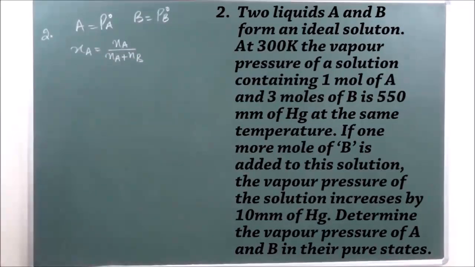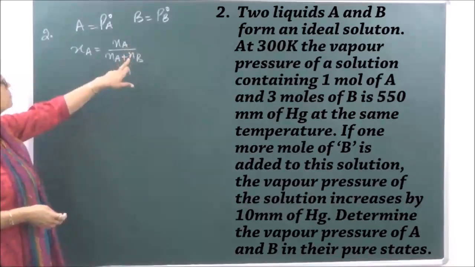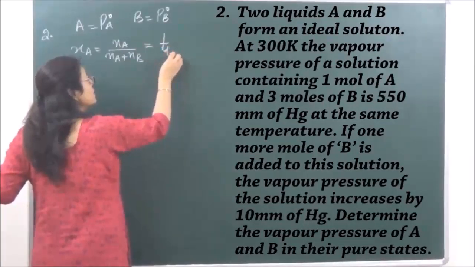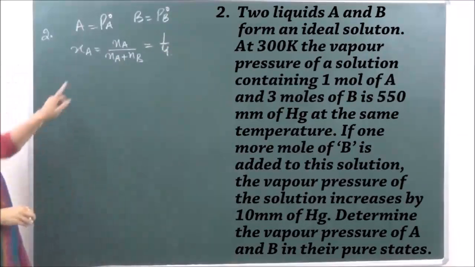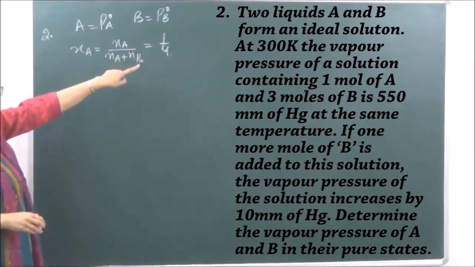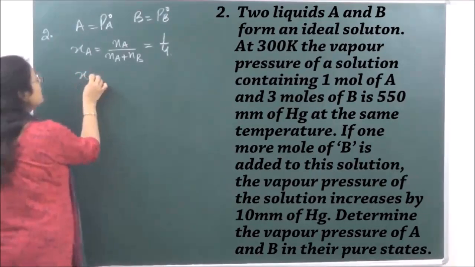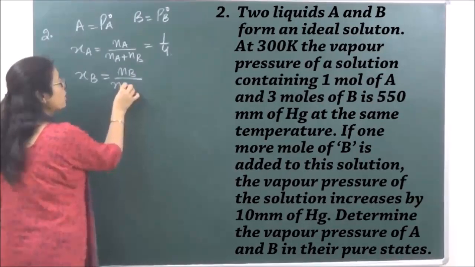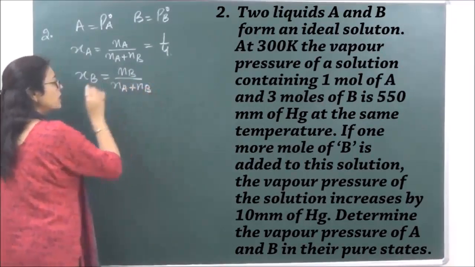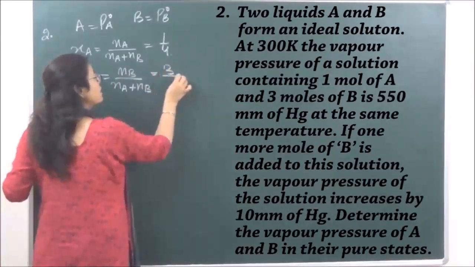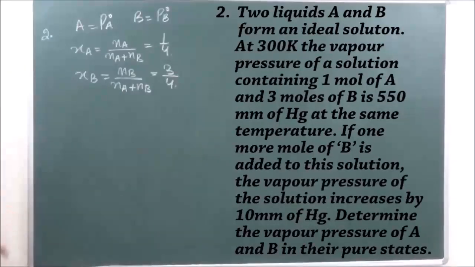In the first case, the number of moles of A is 1 and the number of moles of B is 3, so this becomes 1 upon 4. And XB will be equal to the number of moles of B upon the total number of moles, so 3 upon 4.